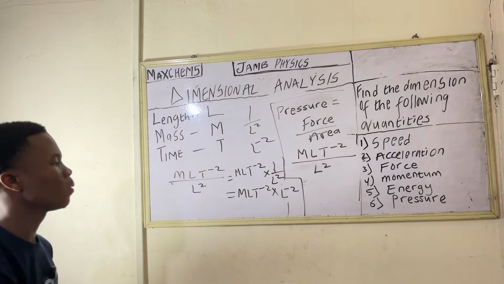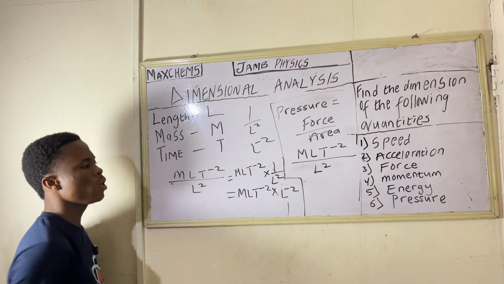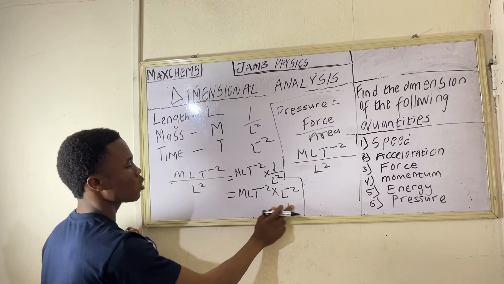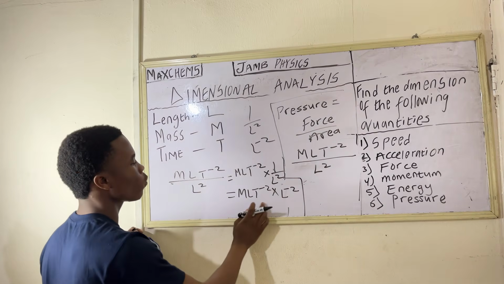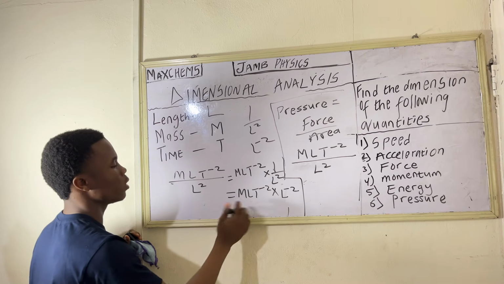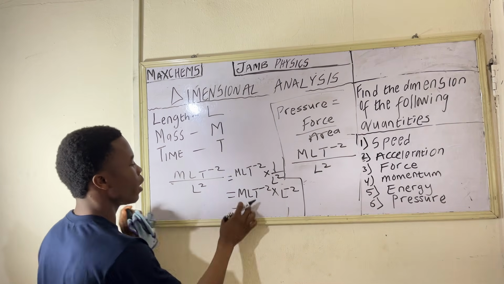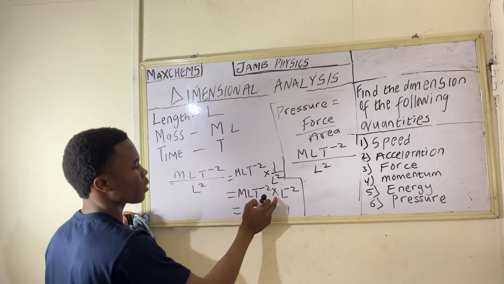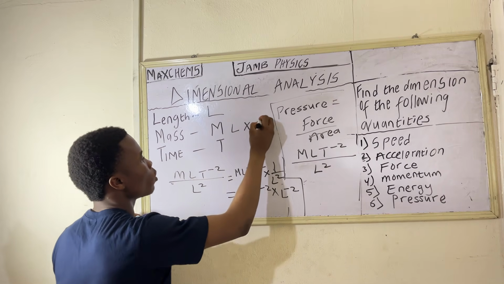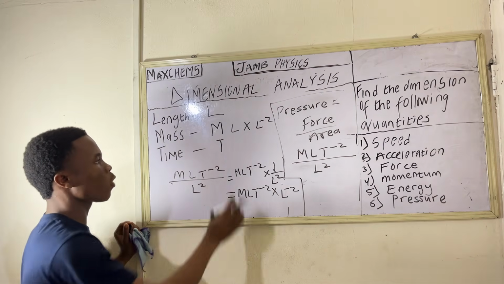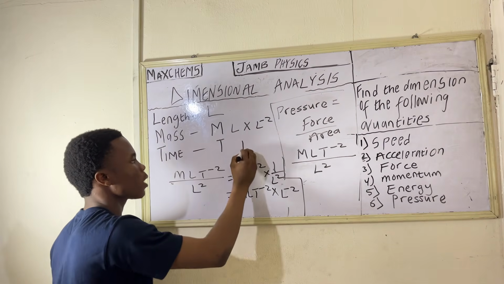Now how do we solve this? We have one L here and L to the power minus 2 here. This is the multiplication law of indices. The bases are common, so we bring the base out.